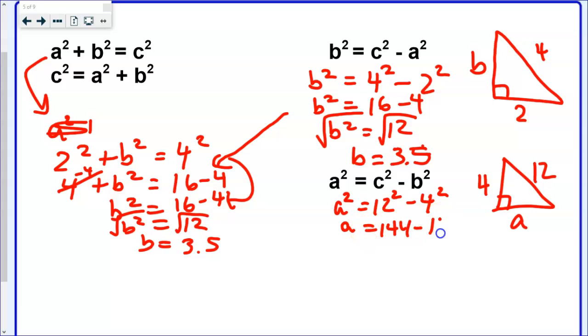144 minus 16, which I should be able to do in my head, but I'm going to use a calculator. A squared is 128. We need to square root it because we want A. And we get 11.3, rounded to the first decimal place.